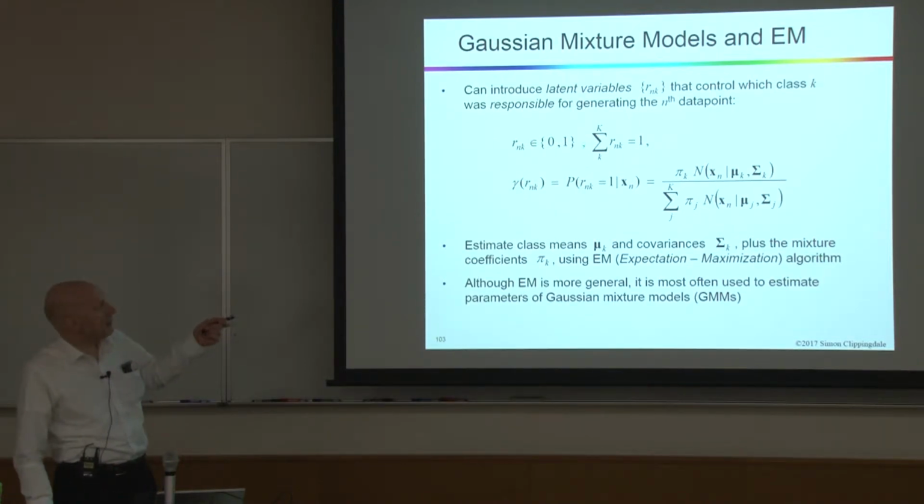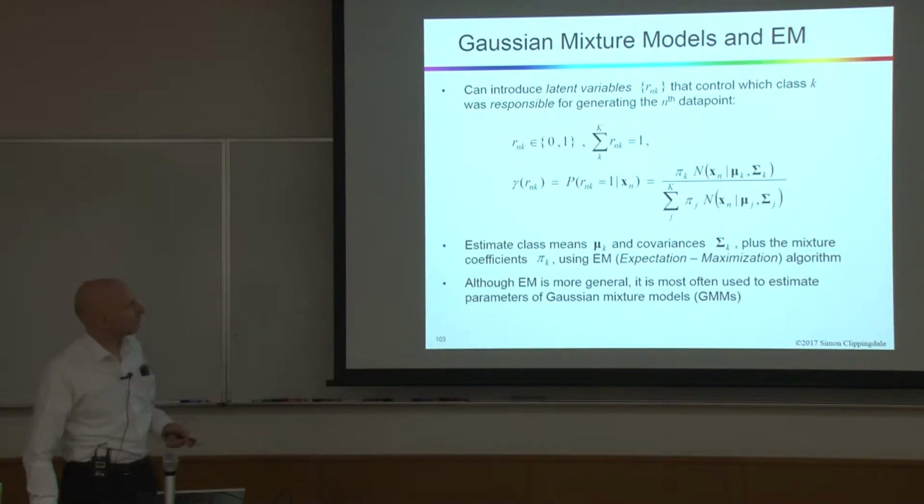These are binary again, as they were previously, but now we have a probability on each of them, which is the probability that vector n, the nth vector, belongs to the kth class, given where it is. And if you do the math, that's what these things look like.